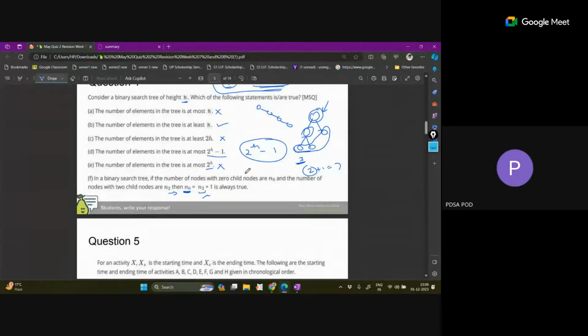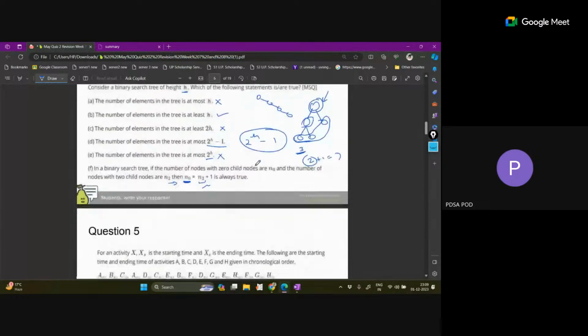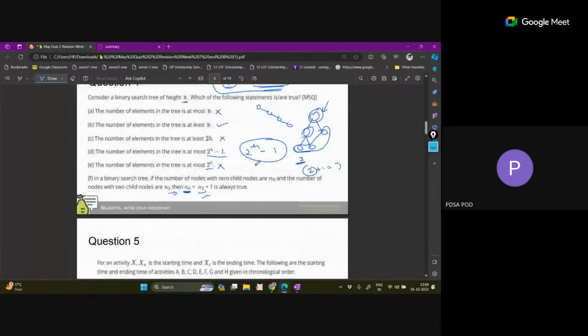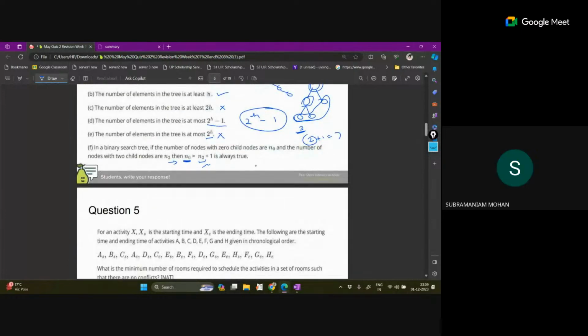How can we prove this? We can use the relation with the number of edges. Suppose we have one binary search tree with n nodes. How many edges are possible? n minus 1.